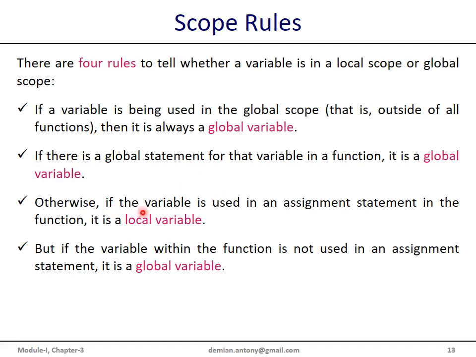If the variable is defined within the function or within the local scope, then it is called a local variable. And if the variable is not used in an assignment statement, then it is a global variable.